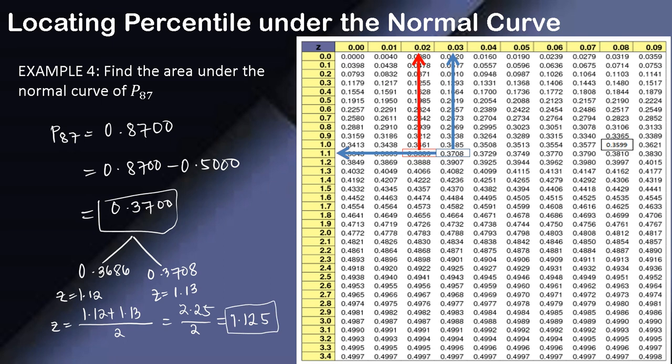So this is our answer. This means, class, the z-score of 0.3700 is 1.125.